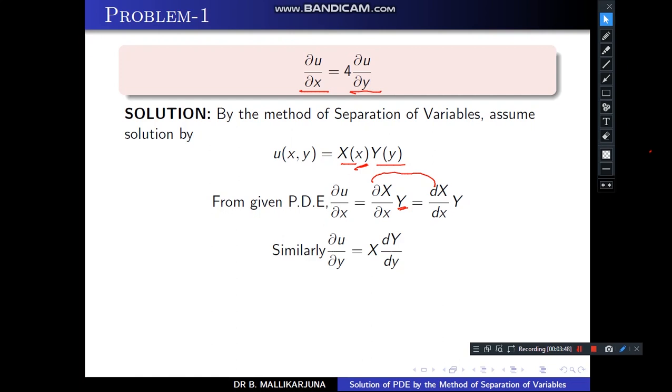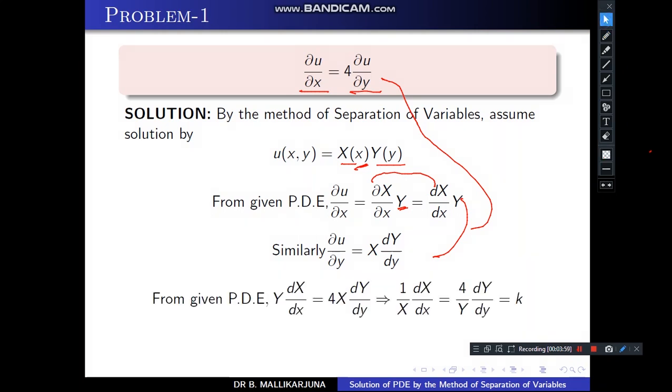Now these two we substitute in the given PDE. Let us see what we will get. So Y dX by dx on the LHS and 4X dY by dy. By separating the corresponding variables, 1 by X dX by dx, 4 by Y dY by dy is equal to a constant.